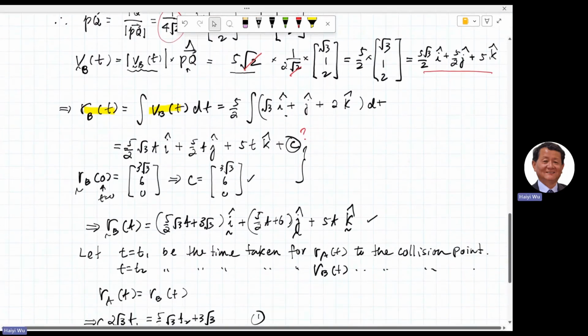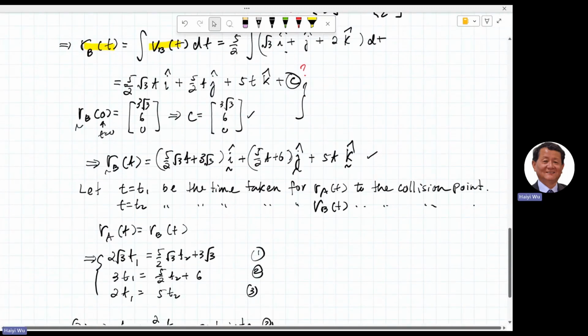If I let those two times be equal at the collision point, note that the time taken is different because the release time of particle A is different from particle B. So I call T1 the time taken from the release point to the collision point for particle A, and T2 the time taken for particle B to the collision point.